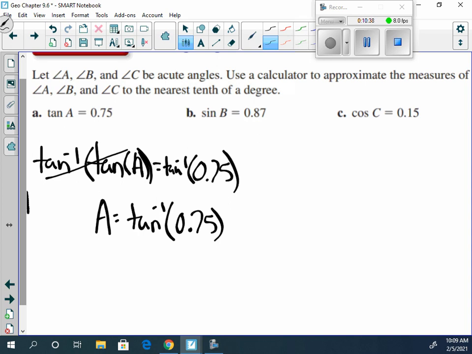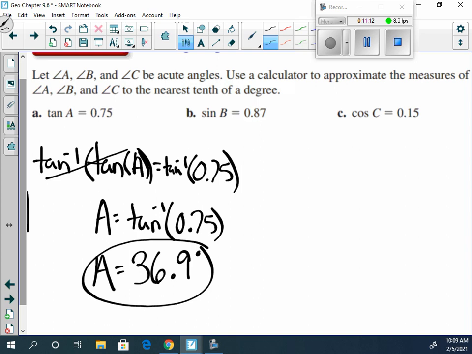Now, if we take tangent inverse of 0.75, what do we get? Because we can plug that in. We can do second tangent 0.75, close the parenthesis. We get what? 36.9 degrees.